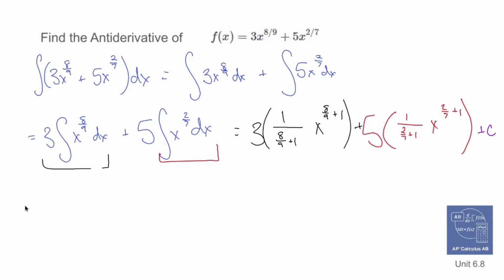So let's not forget that. 3 is still 3. 8 ninths plus 1 is 17 ninths. So 1 over 17 ninths, x to the 17 ninths. Plus 5. 2 sevenths plus 1 is 9 sevenths, so 1 over 9 sevenths, x to the 9 sevenths.